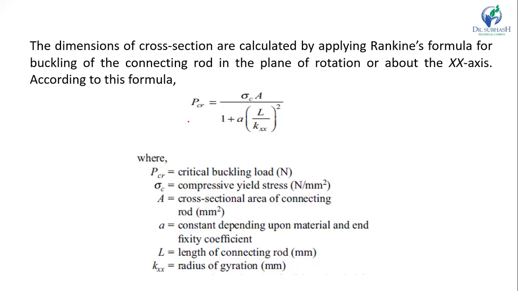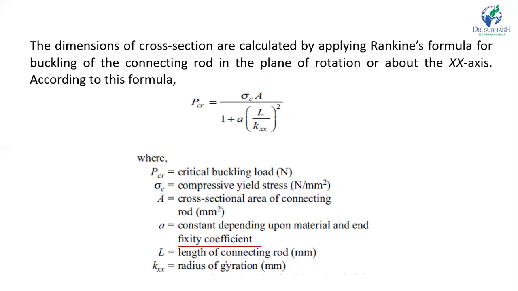So according to that, the critical load or crippling load PCR, the critical buckling load, is equal to sigma C into A upon 1 plus a L upon KXX square, where PCR is the critical buckling load in Newton, sigma C is the compressive yield stress, A is the cross-sectional area, and small a is the constant depending upon material and fixity coefficient.